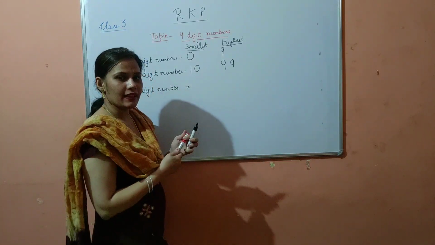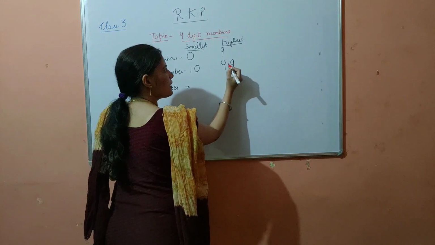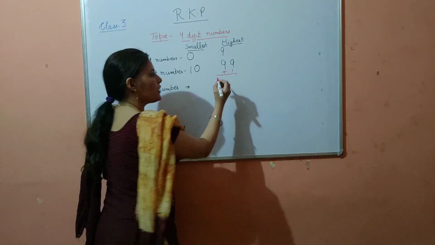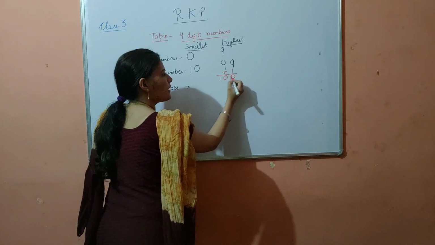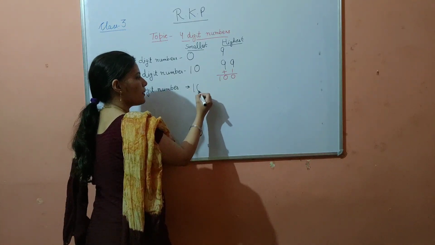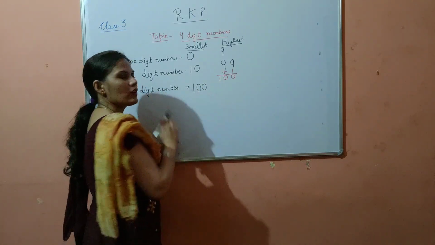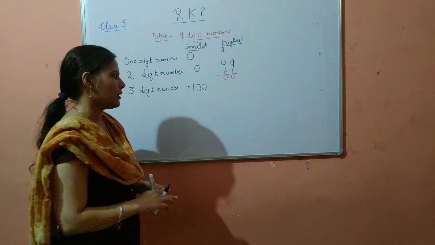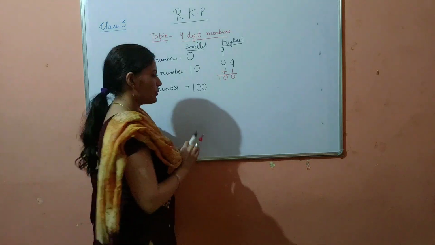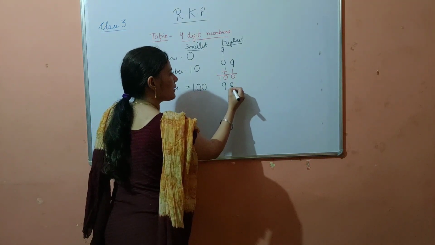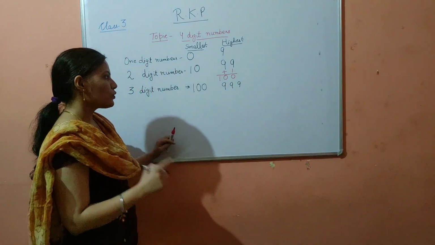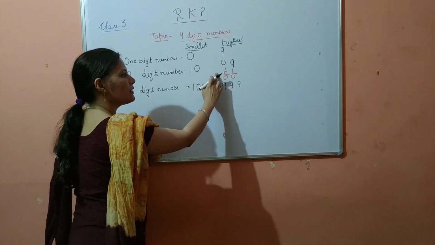If you add 1 to the highest 2-digit number, you get 100, and this is the smallest 3-digit number. And the highest 3-digit number is 999.